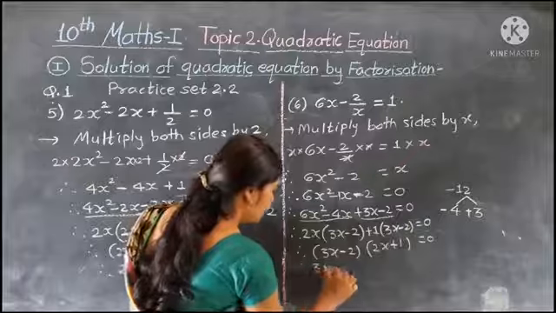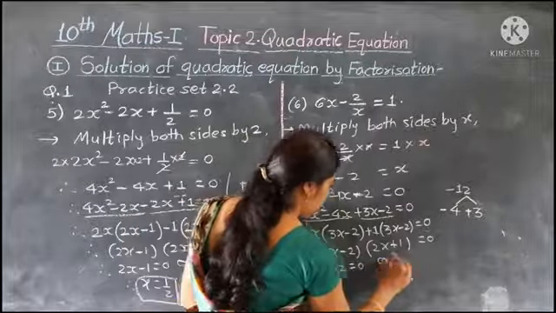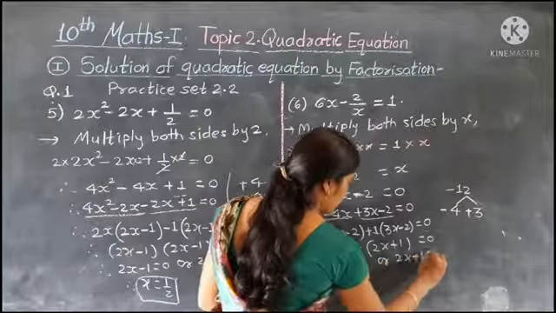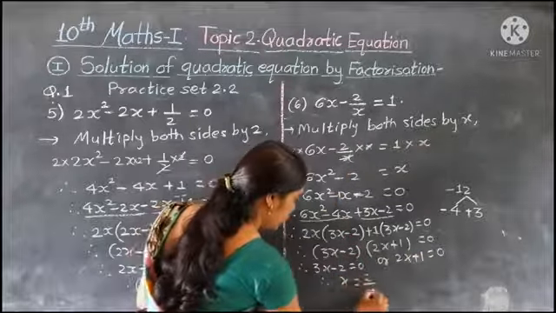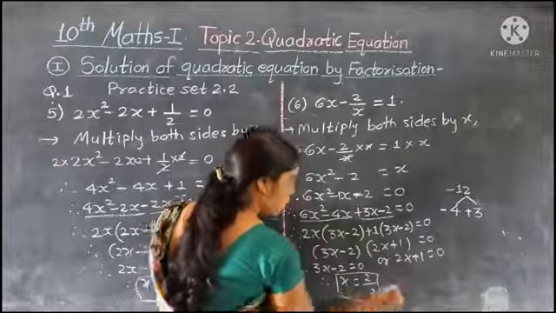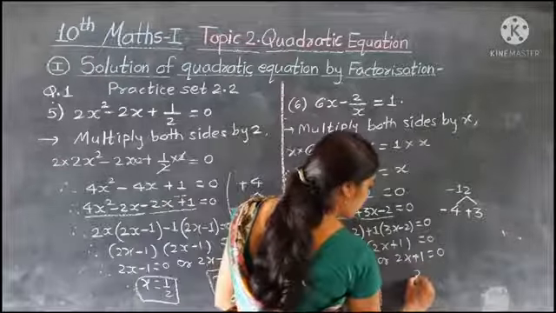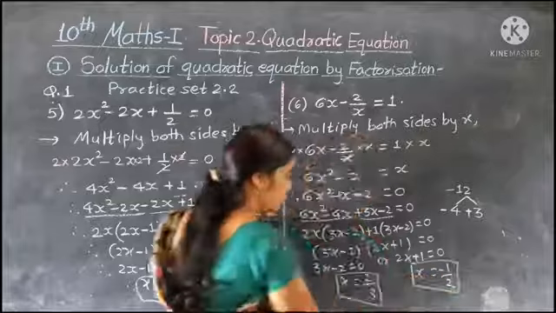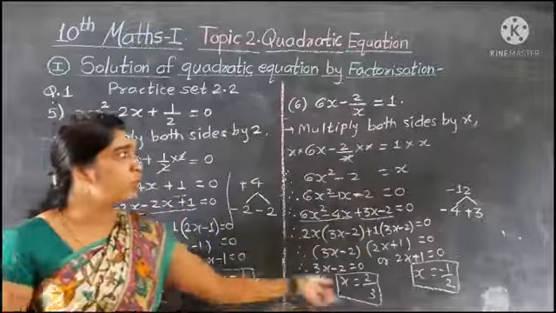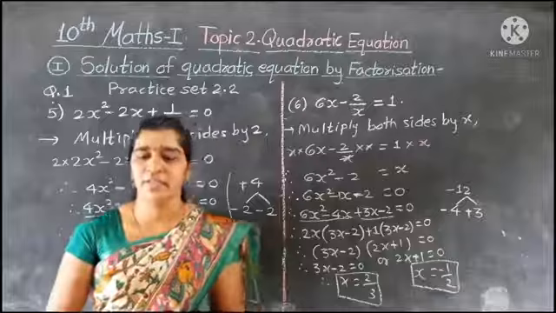Therefore we get 3x minus 2 is equal to 0 or 2x plus 1 is equal to 0. So we get x is equal to 2 upon 3. And here 2x is equal to 1 means x is equal to minus 1 upon 2. These are the two solutions of this quadratic equation.